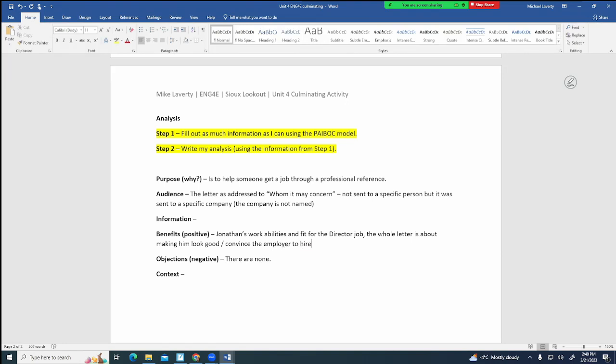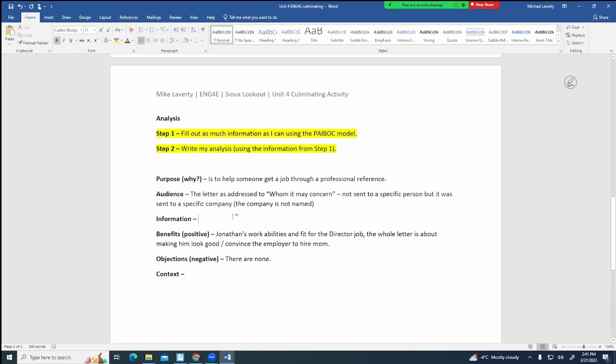And again, there's no negativity here. It's all positive, which is very common for a letter of recommendation. You shouldn't have any negativity, really. If you ask somebody for a letter of recommendation and they start putting in all your faults in it, then you've probably asked the wrong person for a letter of recommendation.